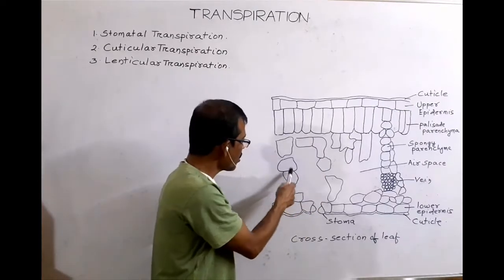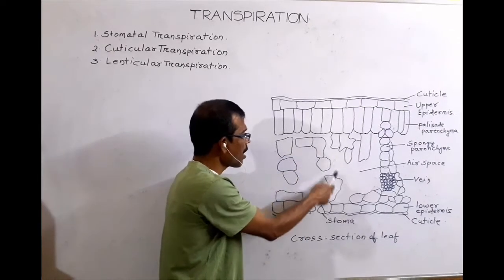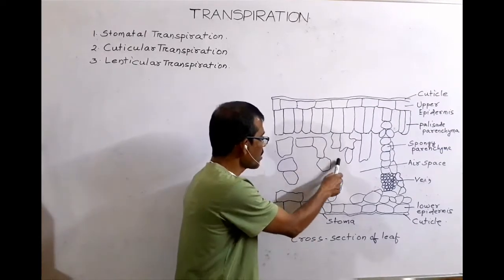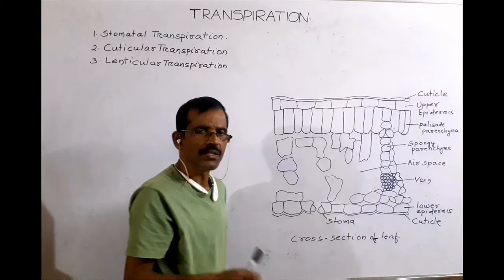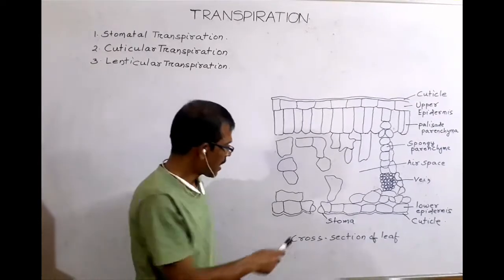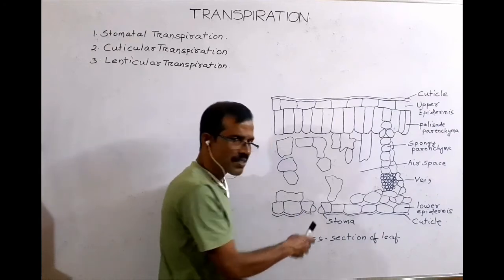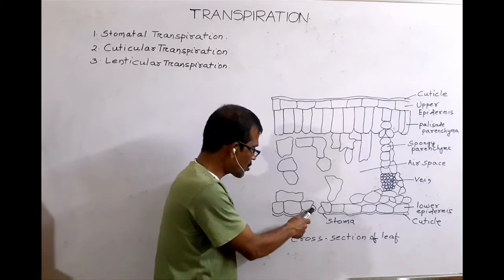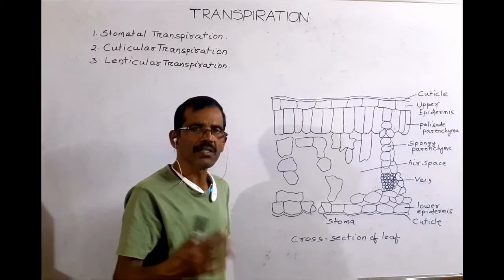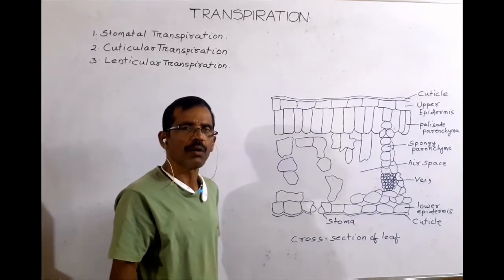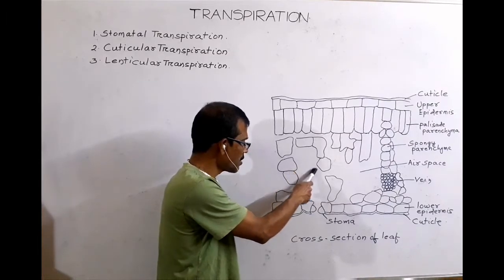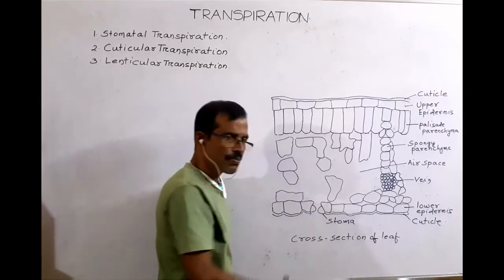The cells of the spongy parenchyma are loosely arranged, thereby having large intercellular air space that is known as substomatal air space. The stomata are positioned such that when the stomata are open, it creates a passage for the diffusion of water vapor from the substomatal air space into the atmosphere.